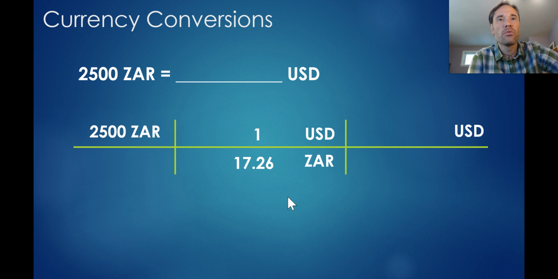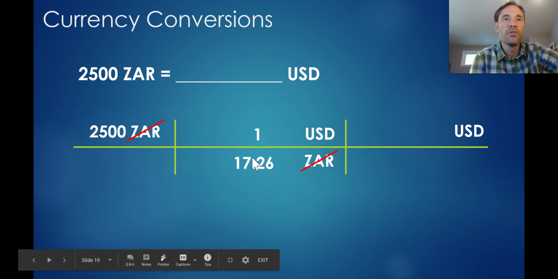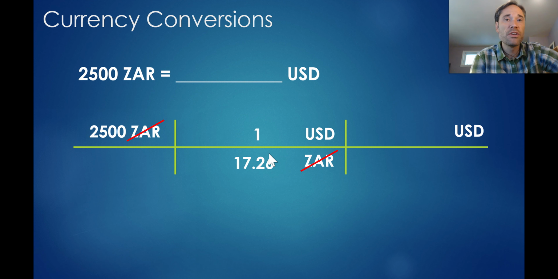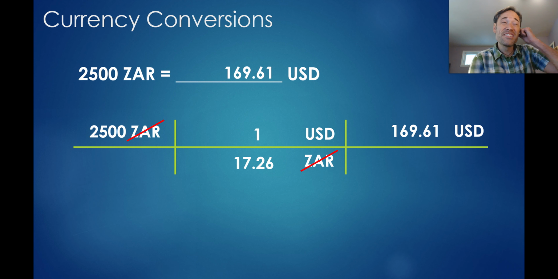But how do I go about doing this? Well, first, my Rands cancel, but now I said I multiply across the top, and I multiply across the bottom, and then I divide. Well, 2,500 times 1 is 2,500. 17.26, there's nothing else on the bottom, so it's really going to be 2,500 divided by 17.26. And if I take the 2,500 divided by 17.26, what I get is 169.61.